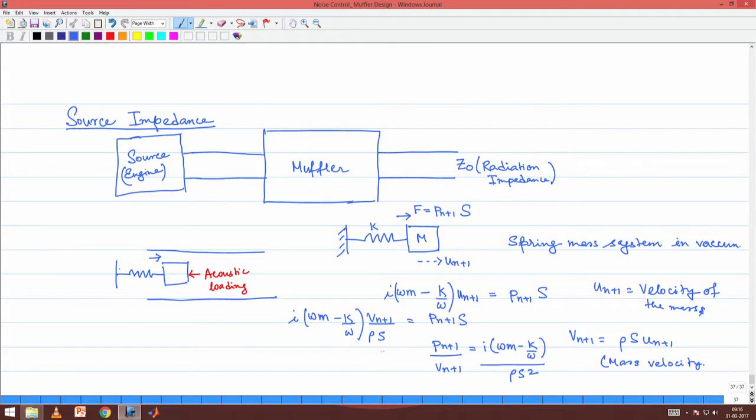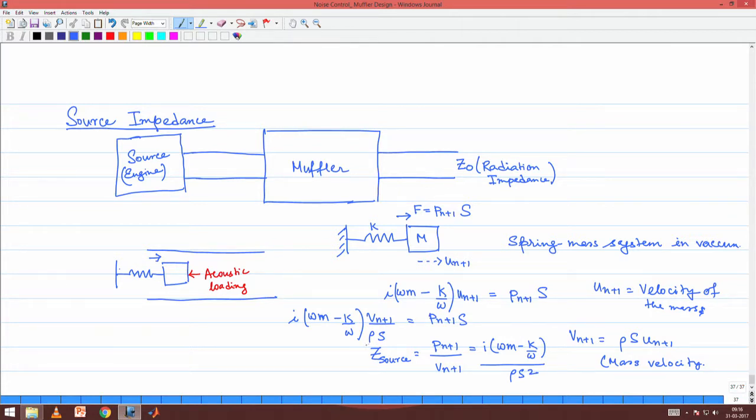So, this is what we will call the source impedance, because this is the impedance of just the source. We are just treating that the spring mass system is what drives the acoustic waves within the duct, right. But as yet we have not accounted for the acoustic loading that is acting onto this mass, right.